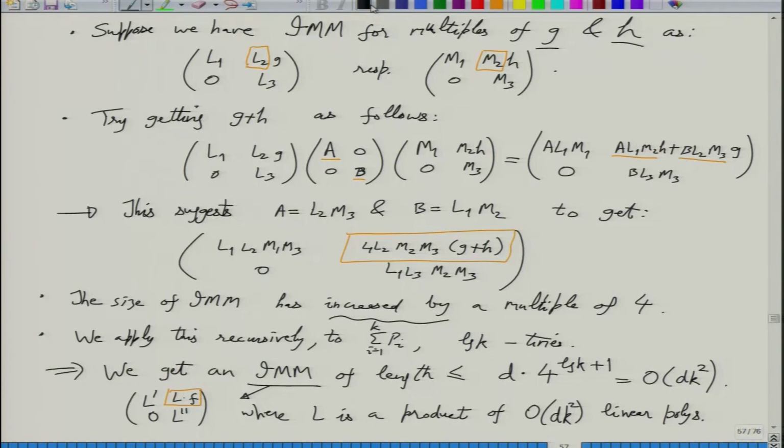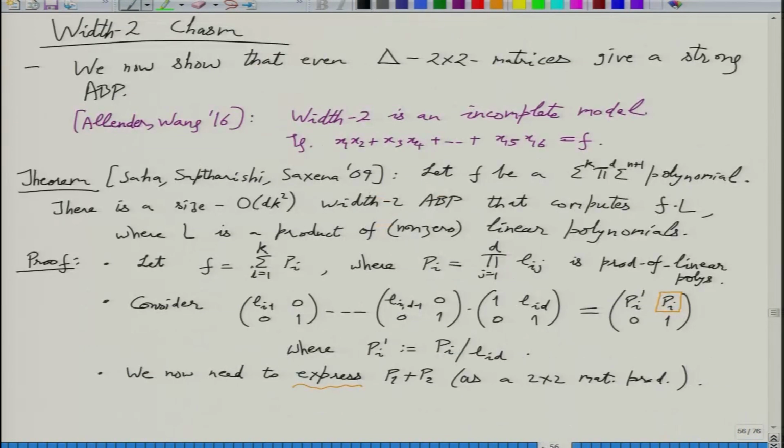And what are these linear polynomials? You can see them in the induction step or recursion step. If you look at the P1 plus P2 computation, P1 has these... I still have a doubt regarding one step. So what is Pi prime?